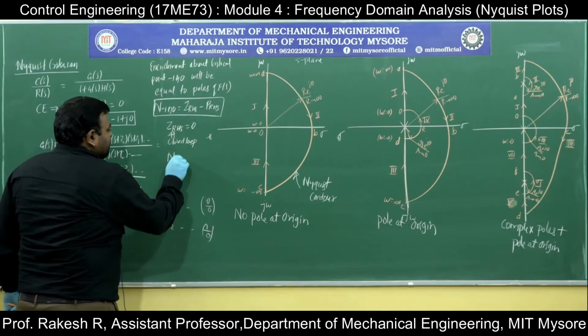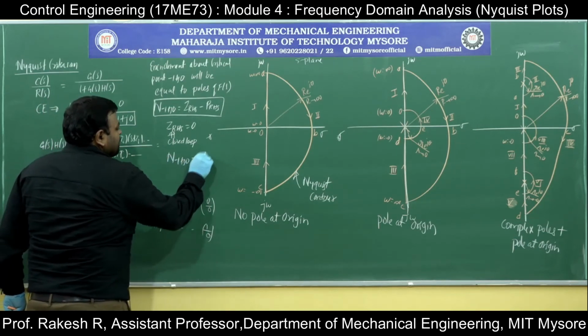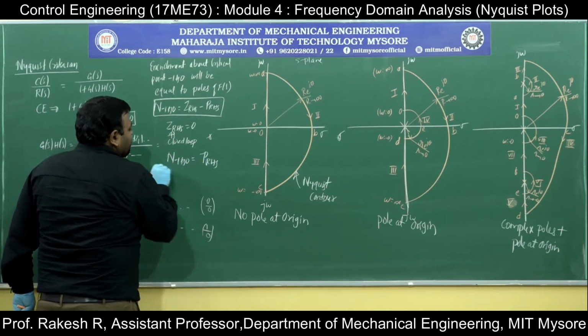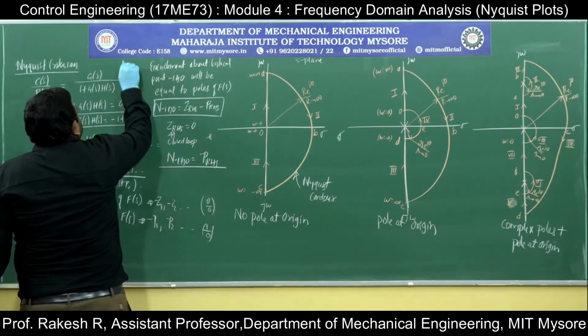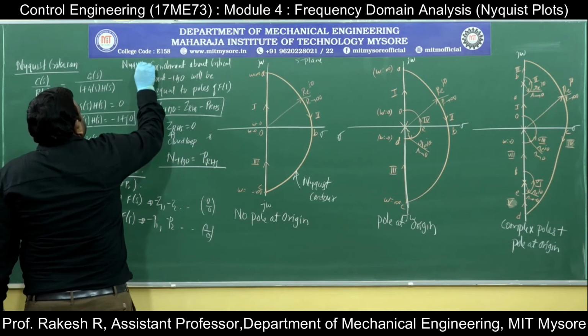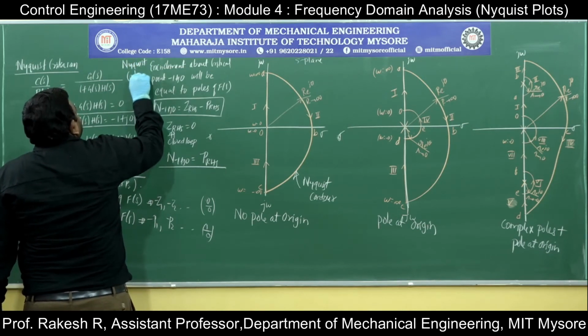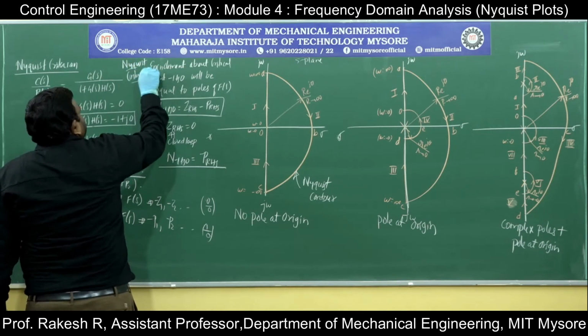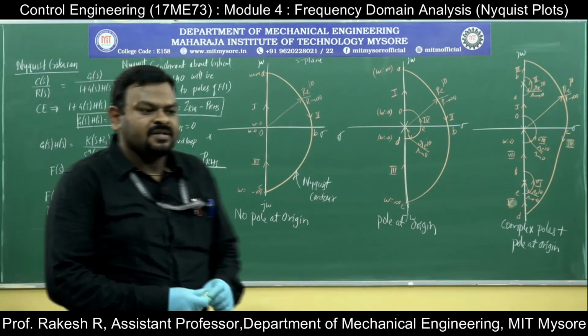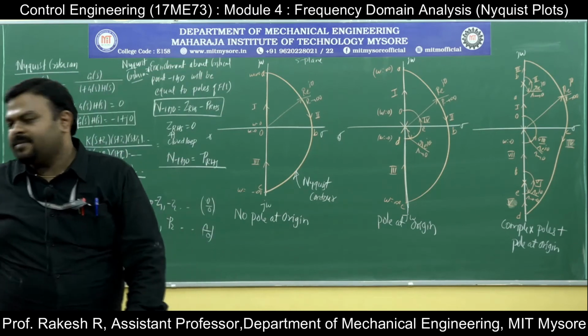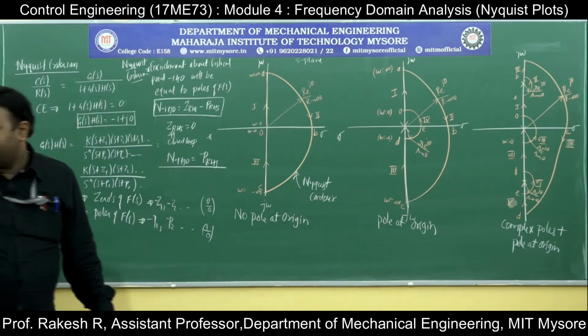So encirclements about the critical point -1 plus j0 will be equal to P or Hs. This is the Nyquist criterion. So we will solve a problem on the Nyquist criterion, and let us see what is the procedure to plot the Nyquist plot.